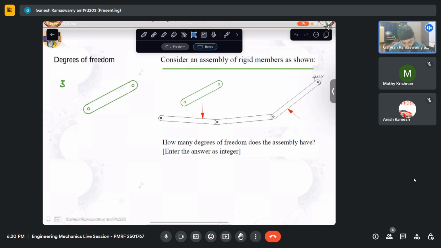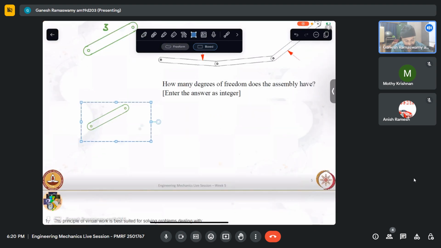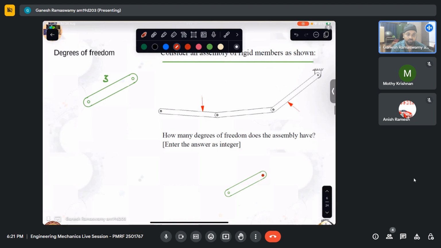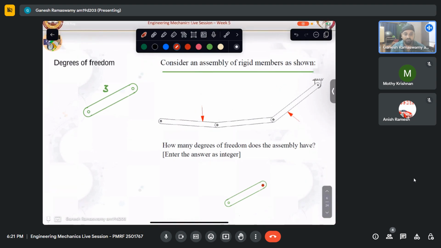Okay. Now what I have done is I took this system here and I put a pin here and I put a pin at this point. So what does the pin do? Pin allows rotation. We have seen in our previous discussions that pin allows rotation but arrests the translation totally.